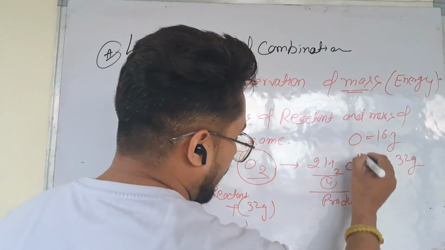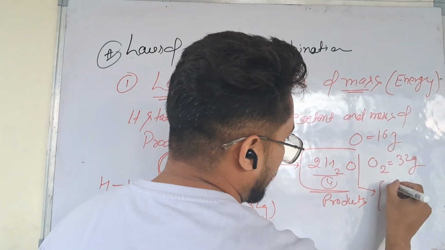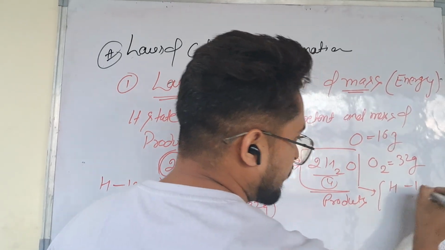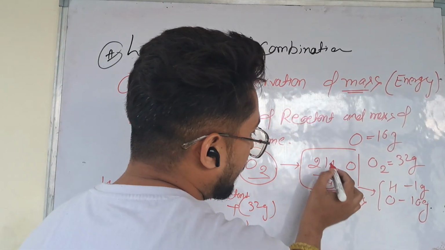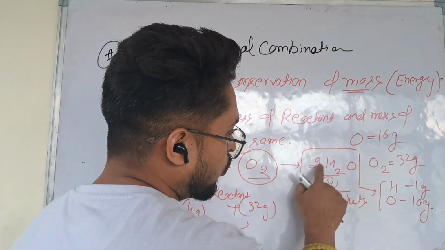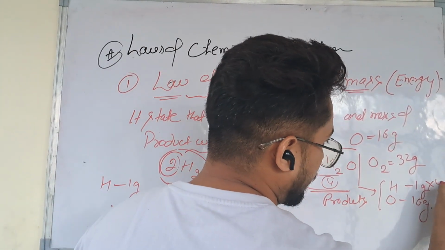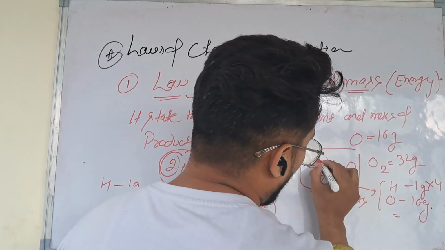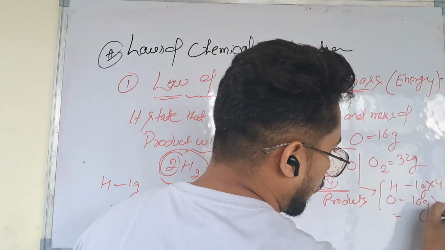What is the mass of H2O? We know that mass of 1 hydrogen is 1 gram. Mass of 1 oxygen is 16 gram. Look here, in 2H2O there are 4 hydrogen atoms, as 2 is multiplied with 2. And how many oxygen atoms here? This 2 is also multiplied with oxygen, so there are 2 oxygen atoms.